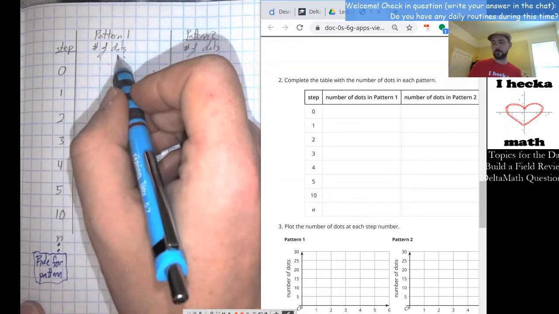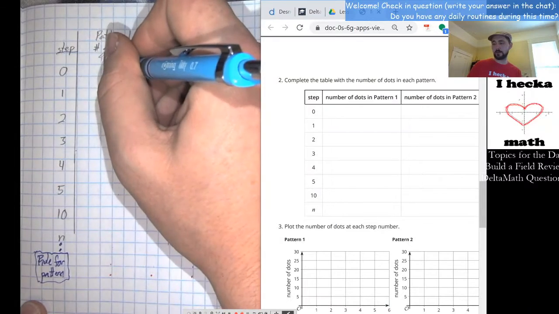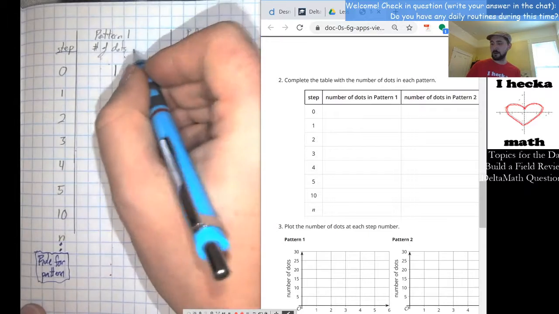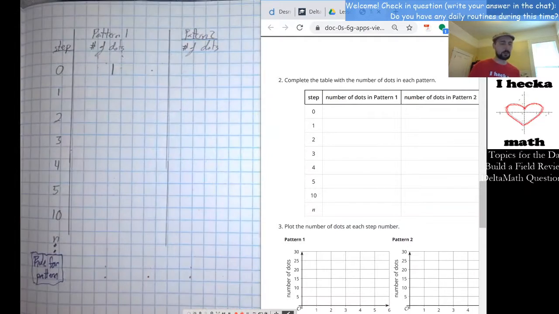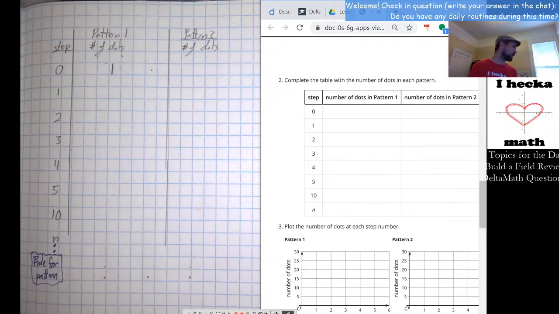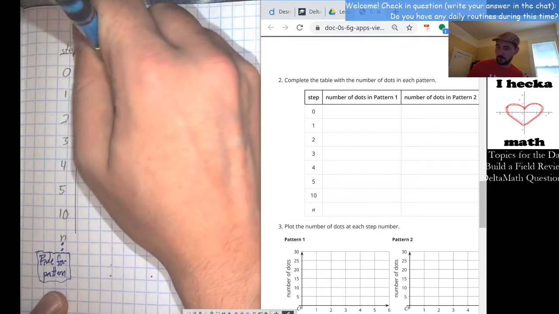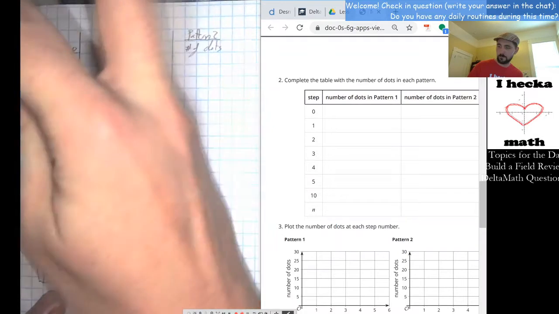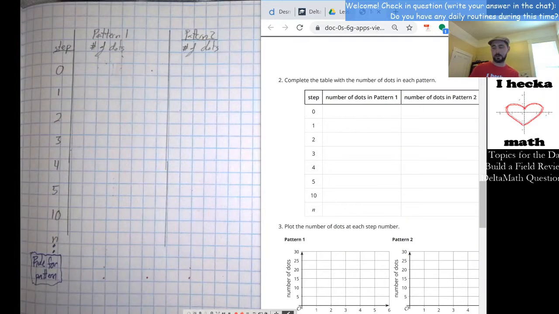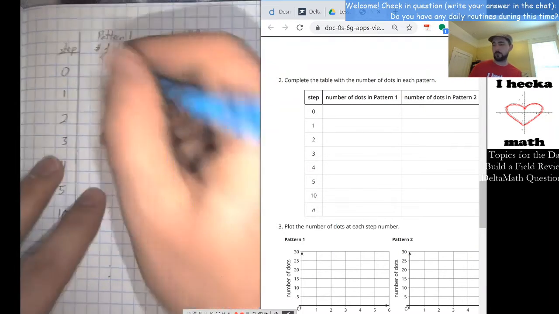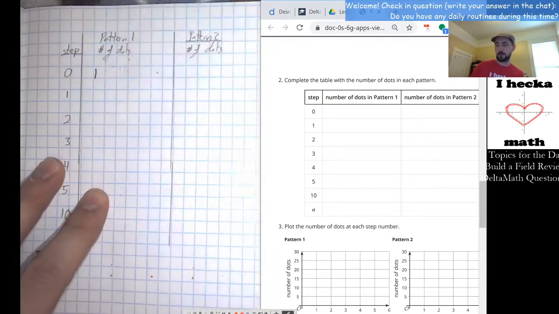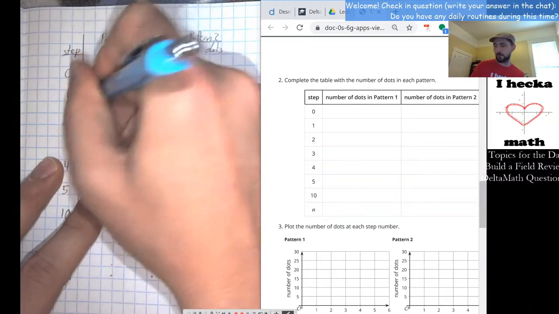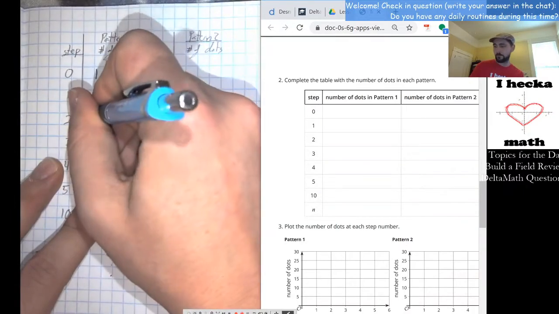So number of dots in pattern 1 started with 1 dot. I'm looking at my notes on the other side. I don't want to put this in the middle yet. I'm going to put it off to the side. And then in step 1, there were 3 dots.